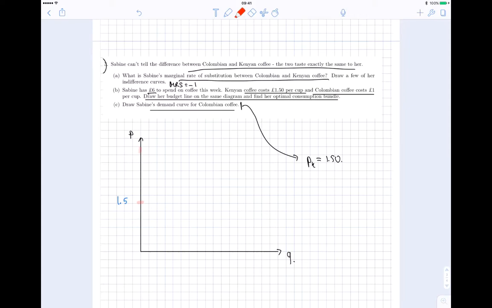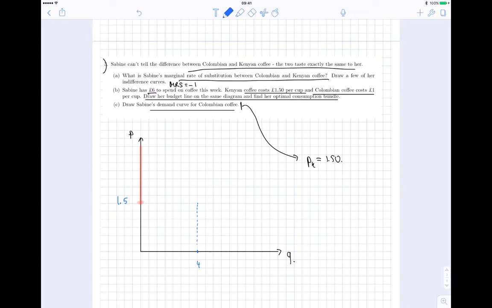And then you also now know that, what if the price is 1.5? Then I said she'd get 4. Because if it's £1.49, she would get 4. But doesn't that have the assumption that she prefers Colombian coffee to Kenyan?